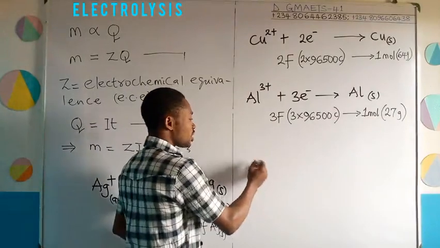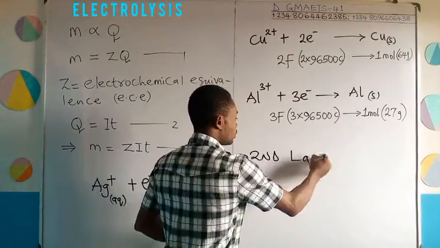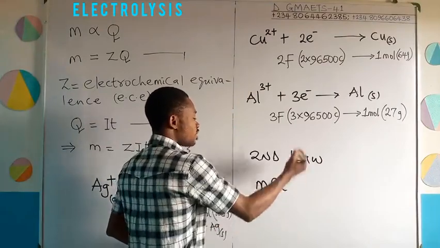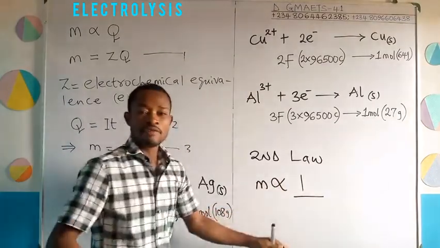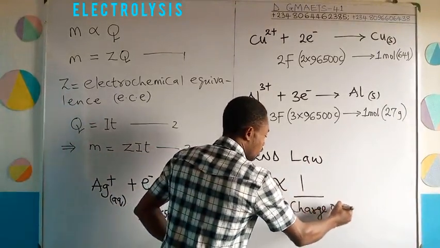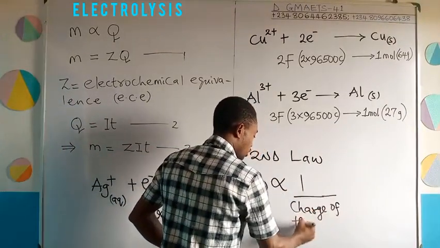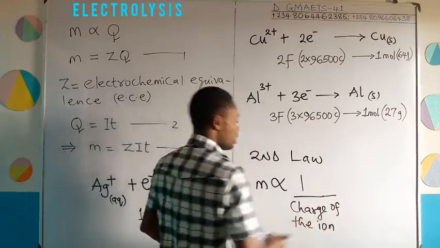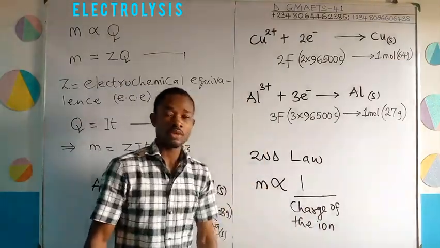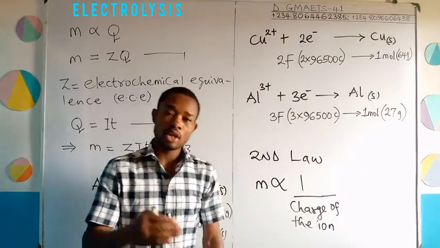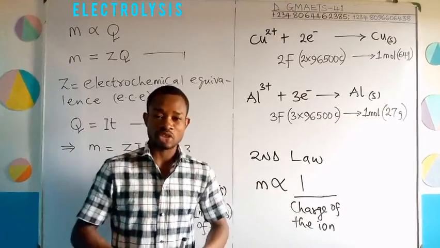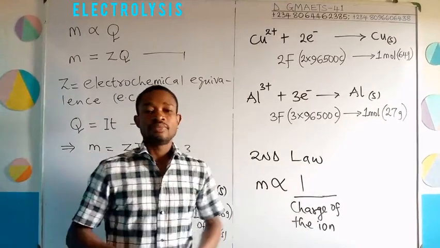But generally, according to the second law of electrolysis, the mass deposited will be inversely proportional, inverse proportion is 1 over the charge of the ion. So an ion that has higher charge, the mass deposited will be low, and an ion that has lower charge, the mass deposited will be high, if you pass the same quantity of electricity through them.